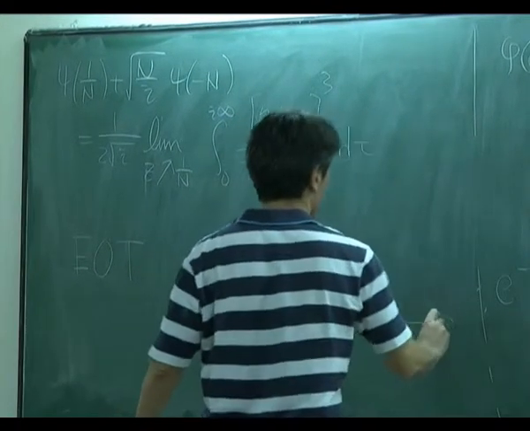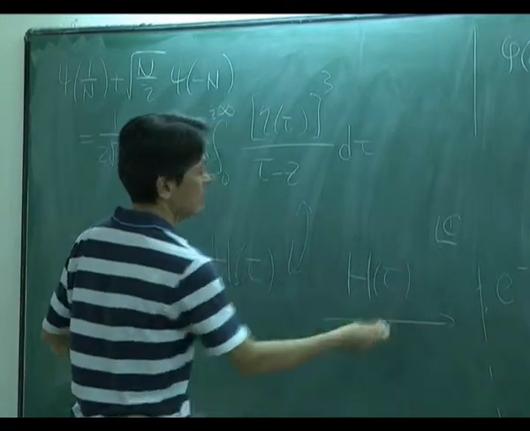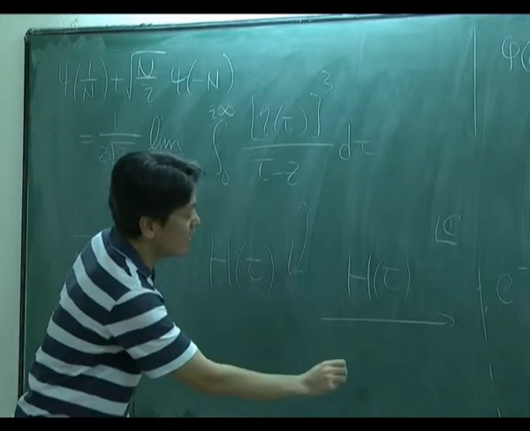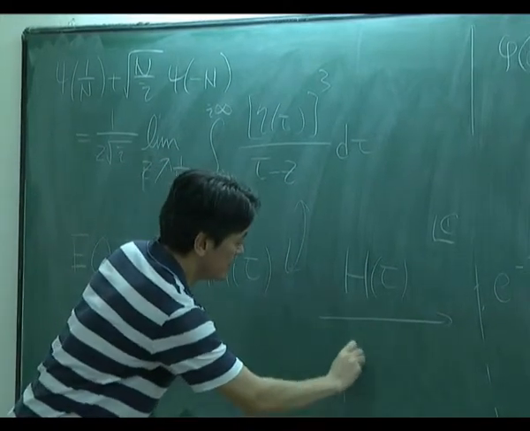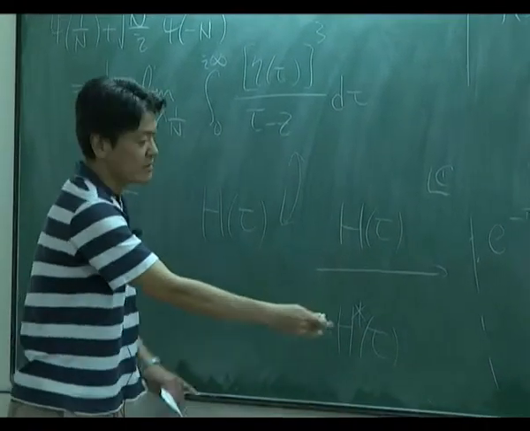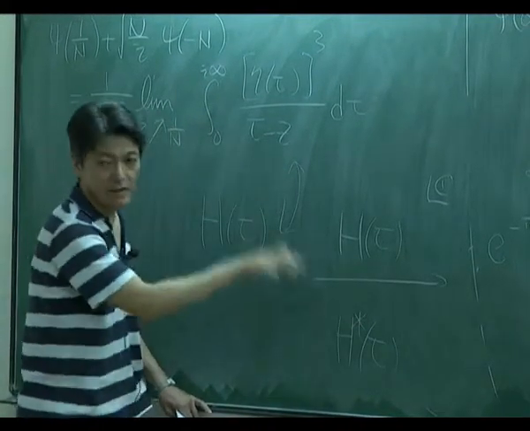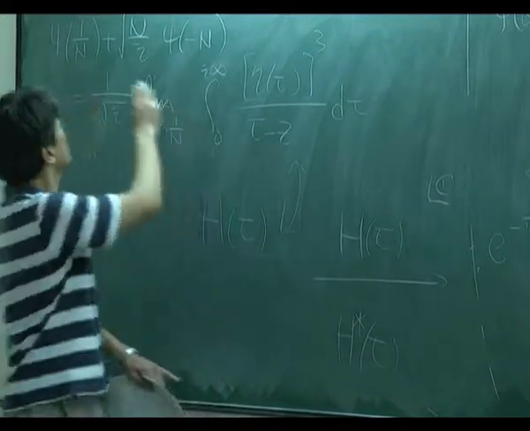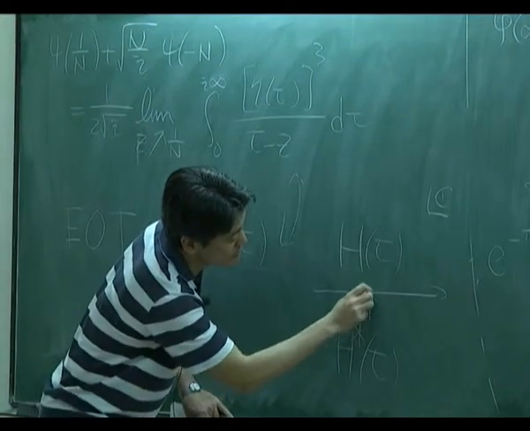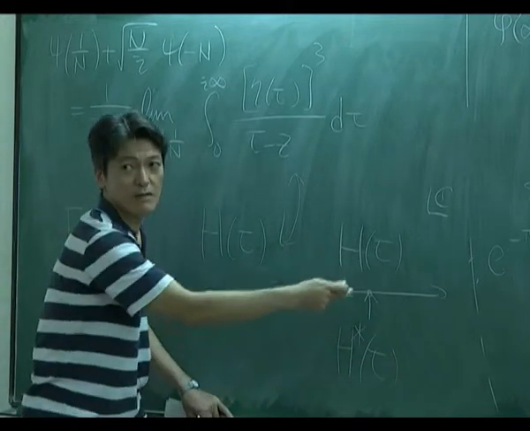Very roughly speaking, H tau is defined in the upper half plane, and we have another similar function, not conjugate, another function H star, defined in the lower half plane, and this psi is just a limit of this H star function to the rational number.